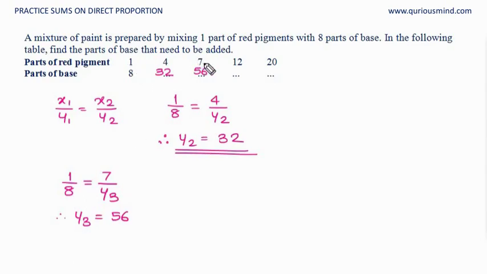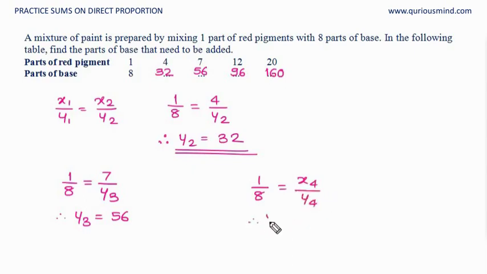So 8 sevens are 56. 8 twelves are 96. 8 twenties are 160. In every case, what we are going to do is 1 upon 8 is equal to x4 upon y4.